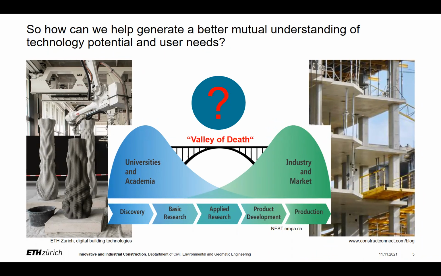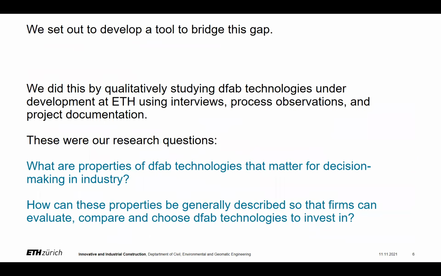Or in other words, how do we bridge what's commonly referred to as the valley of death, where on one side you have universities and academia doing discovery and basic research, as you can see in the image on the left, where we have a robot extrusion printing columns, and on the other side you have industry and the market, where you need product development and production, and all of this needs to be market ready and responding to the needs of the market, as you can see on the right in a regular construction site. So we set out to develop a tool to bridge this gap.